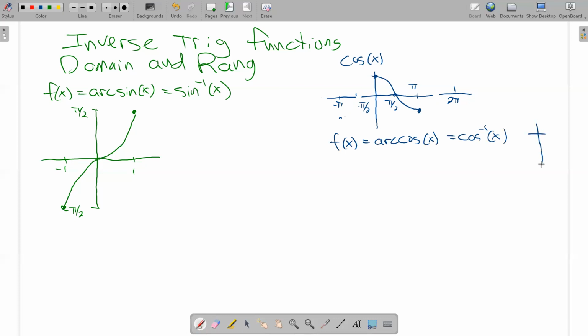So let's make a little table over here for the inverse, x and f inverse. So this had 0, 1, we're going to have 1, 0. This one had pi/2, 0, so this one should have 0, pi/2. And then this one had pi, -1, so this should have -1, pi.